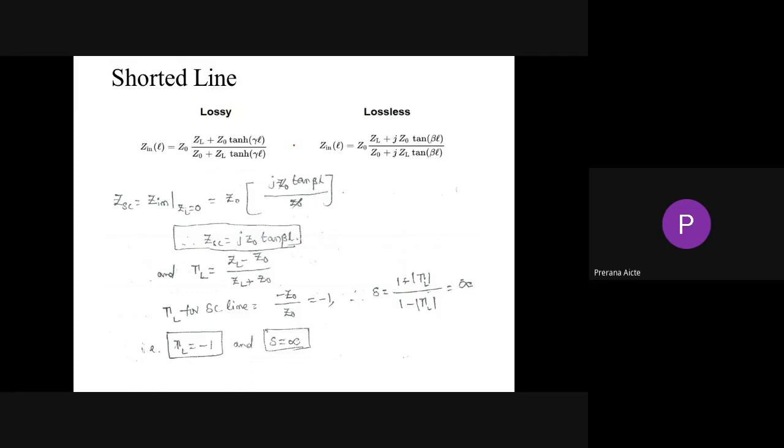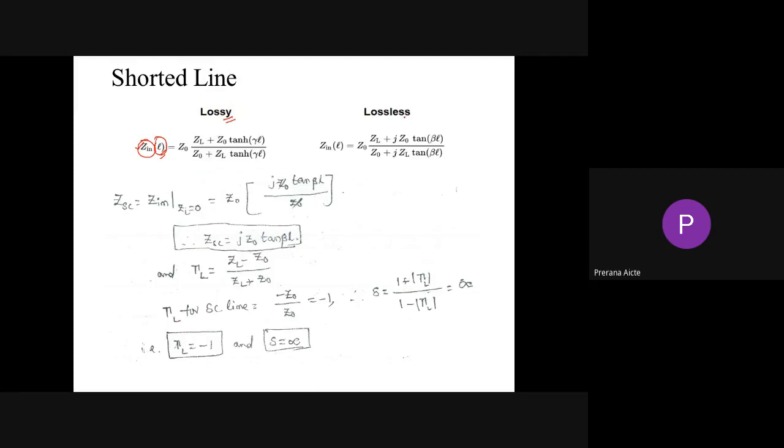Now, the input impedance of a lossy transmission line is Z in of L, that is the input impedance for a length L of the transmission line, equal to Z naught into Z of L plus Z naught tanh gamma L, divided by Z naught plus Z of L tanh gamma L. This equation is for the lossy transmission line.